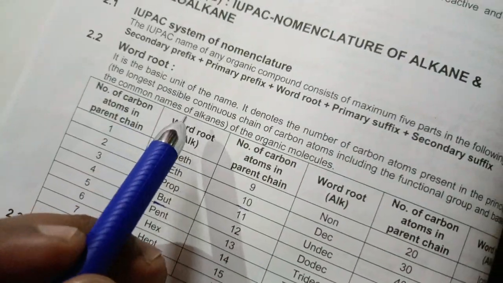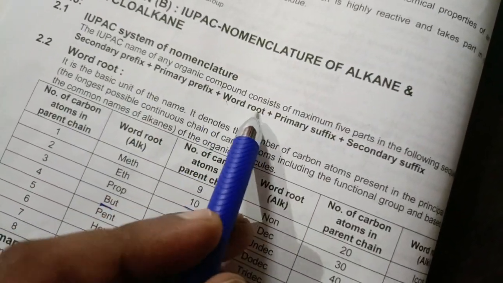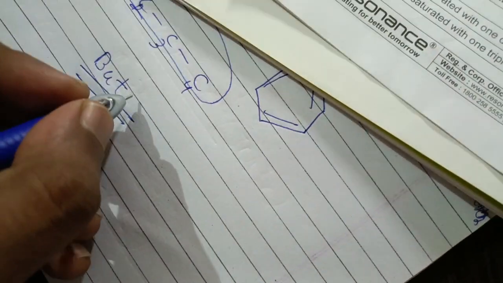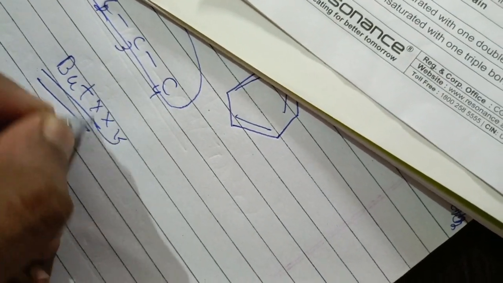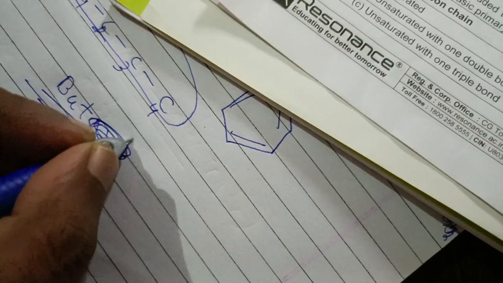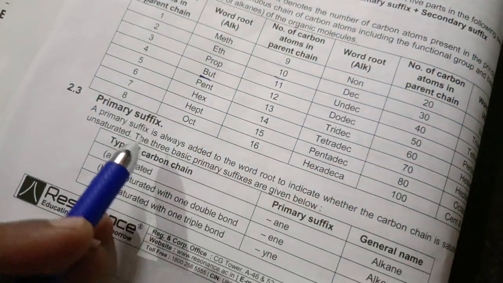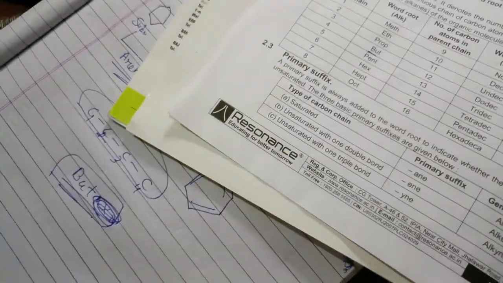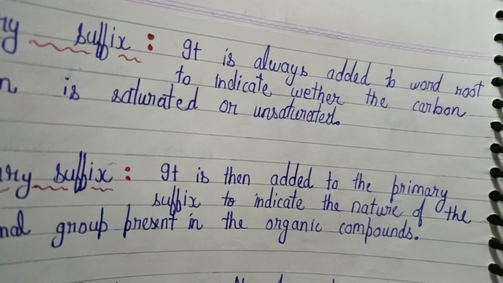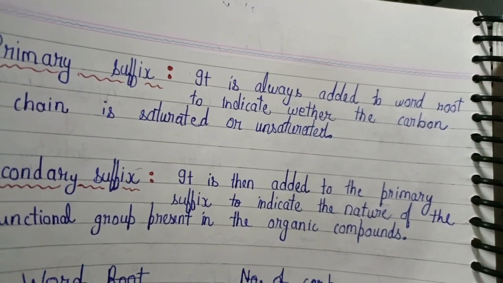The primary suffix comes just after the word root, like but and then the suffix. It is always added to the word root.